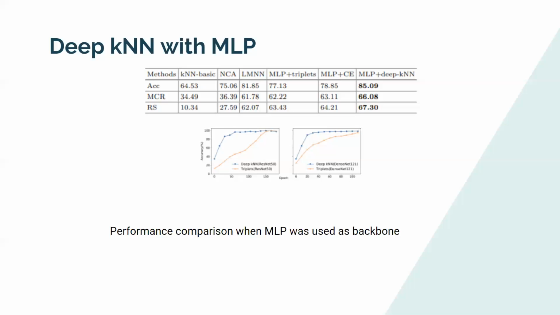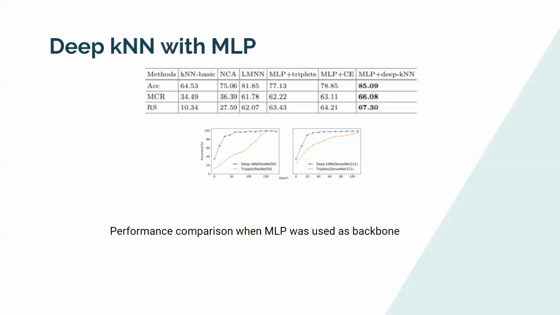Then the neighborhood component analysis, NCA, which is similar to kNN but not kNN, and the large margin nearest neighbor, LMNN, is a technique which can be used for this kind of purpose.